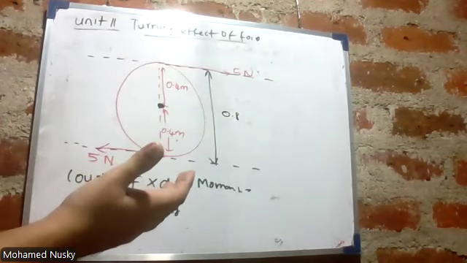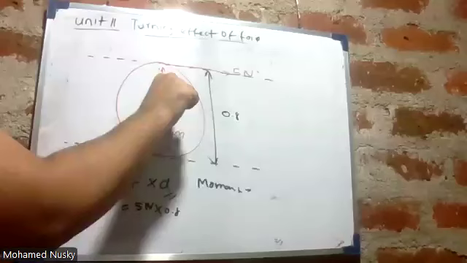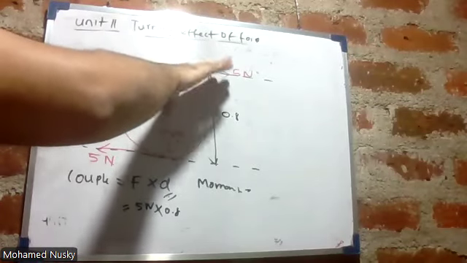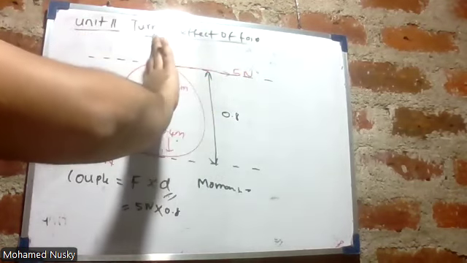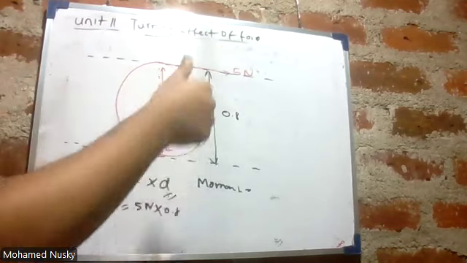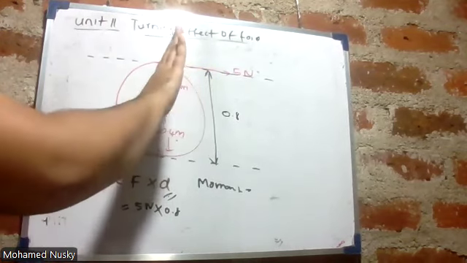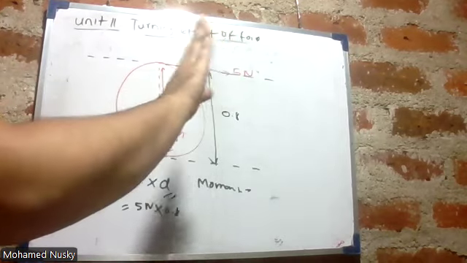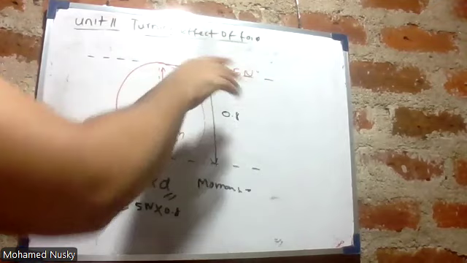How are you going to say this? We take the thumb and place it on the axis of rotation, and see whether it is clockwise or anti-clockwise. If the four fingers show the direction of the force given, then that is clockwise.